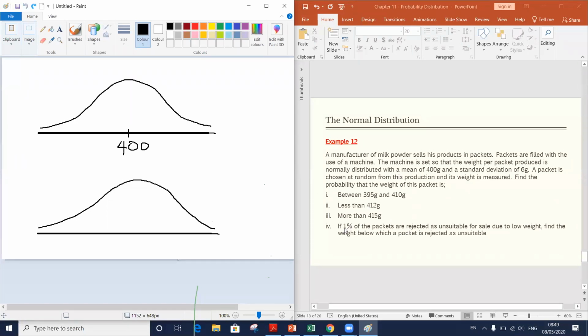If 1% of the packets are rejected as unsuitable, that means 1 in 100 of the packets made are rejected due to low weight. Find the weight below which a packet is rejected as unsuitable.